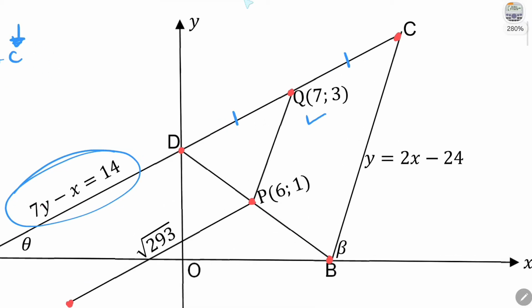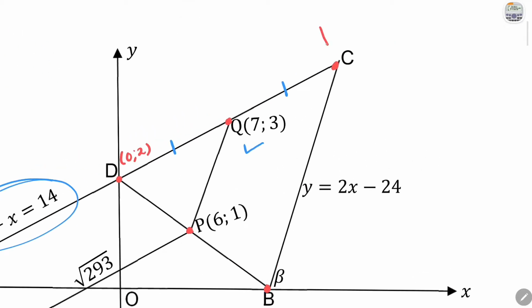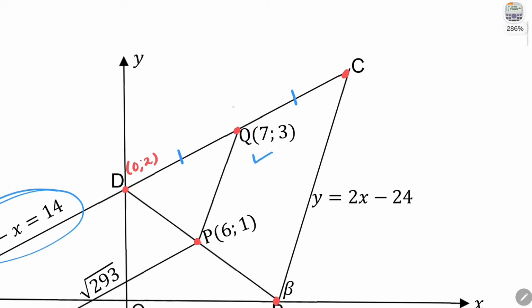Okay, so now that we know that D is (0, 2), to find C, we're just going to use the midpoint formula because Q is the actual midpoint, and we're going to work through this as if we're trying to find the midpoint, given that we don't know one of the endpoints. So we can call this (x, y) since it's unknown currently.